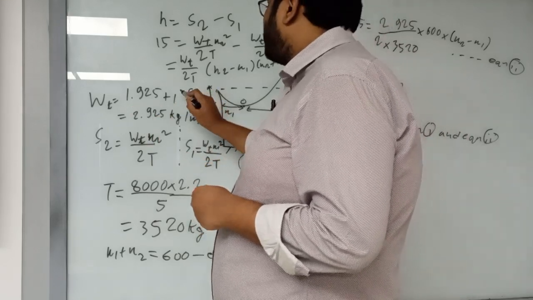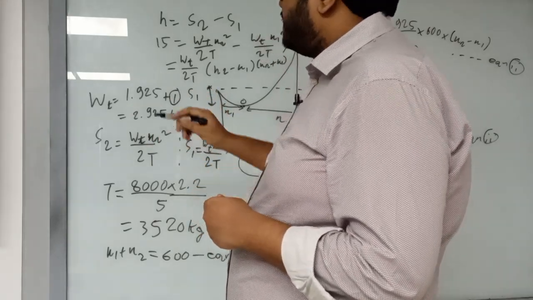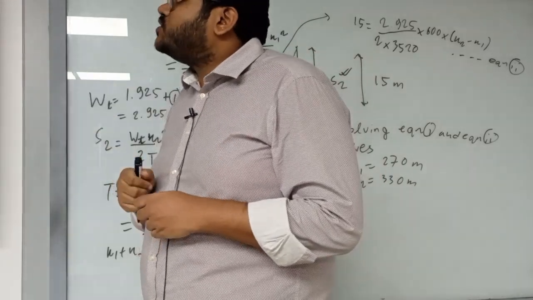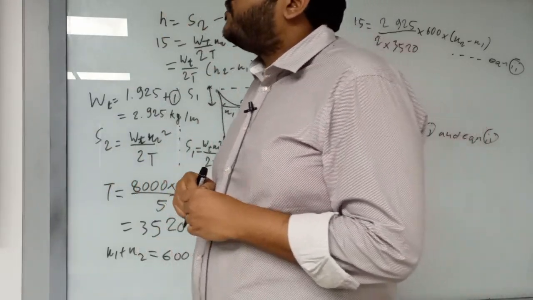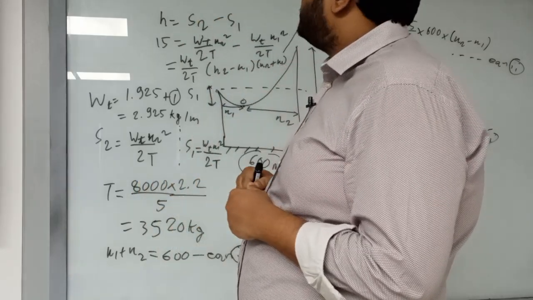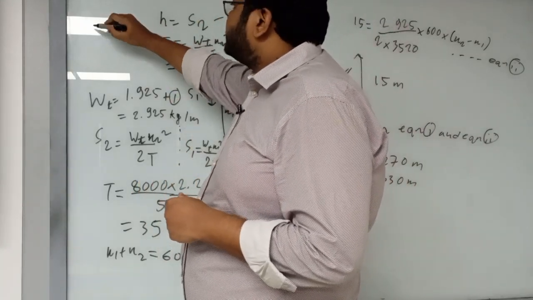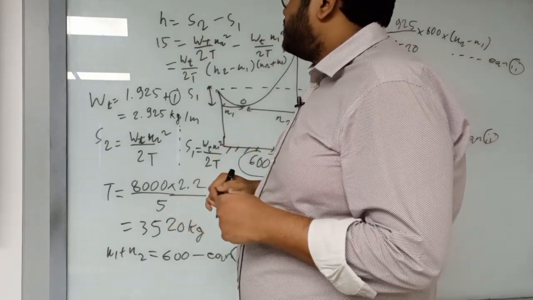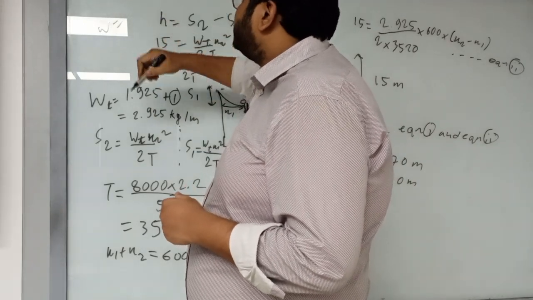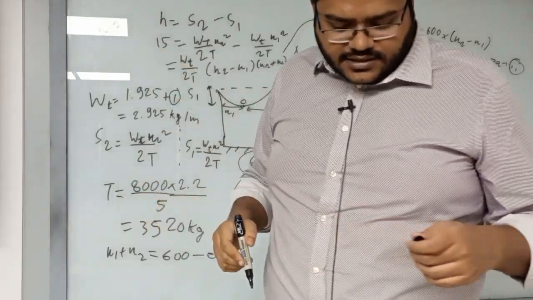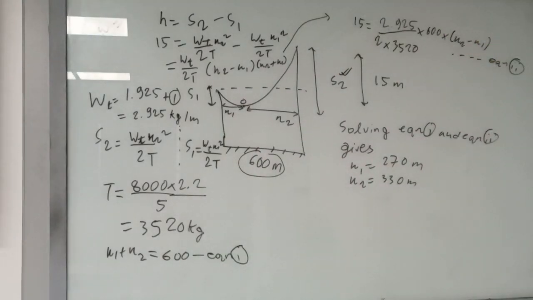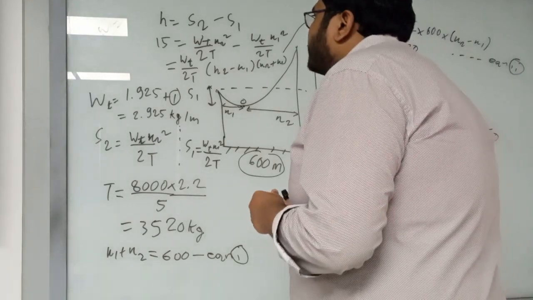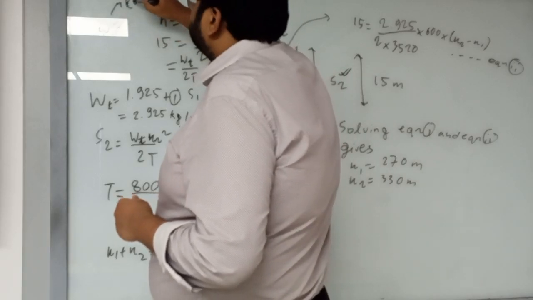You are provided with some information. The ice load is given as 1 kg, and the weight of the wire is given as 1.925 kg per meter of length. It is already in kg per meter. Please note that the weight must be in kg per meter.